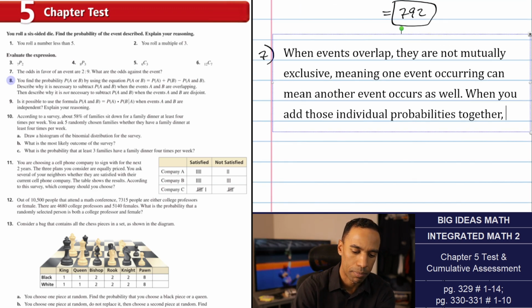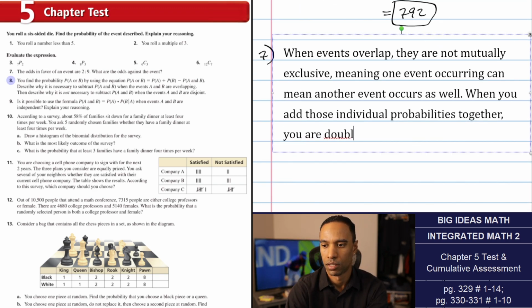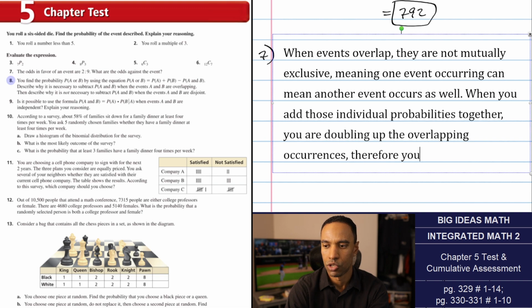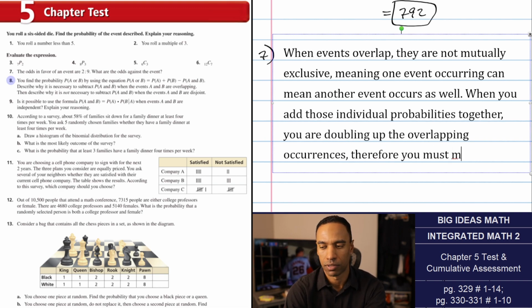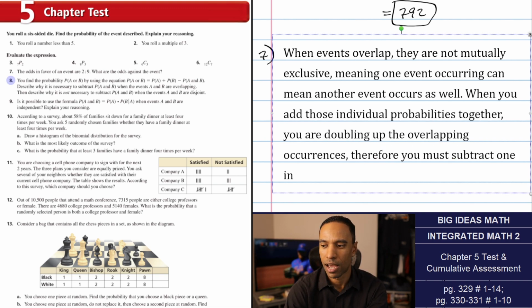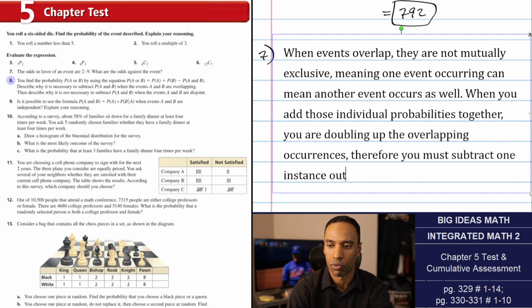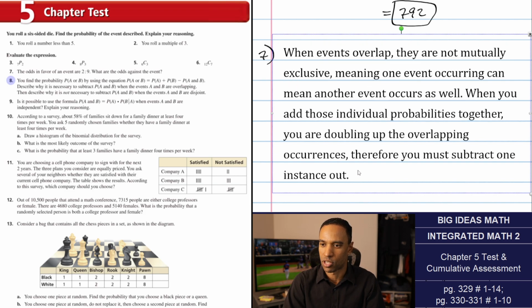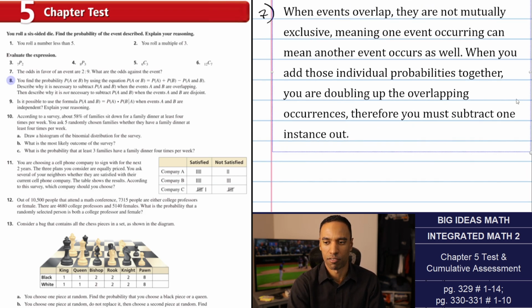You are doubling up the overlapping occurrences. Therefore, you must subtract one instance out. I feel like I could have just used that last sentence instead of the first one. I didn't really probably have to say the mutually exclusive part. I think that part's kind of implied.